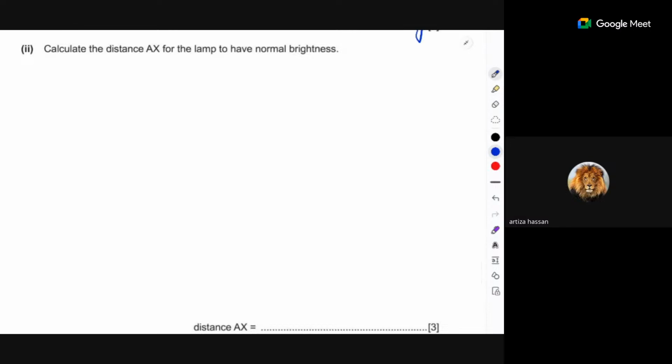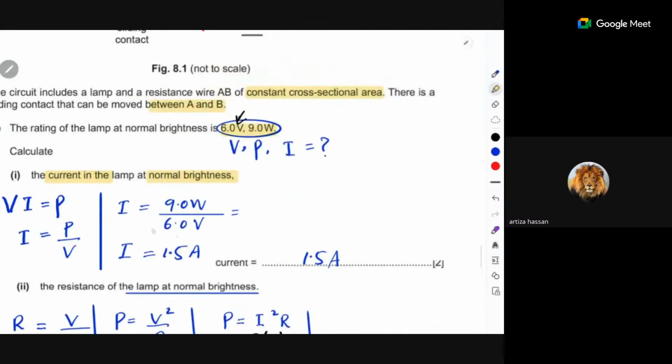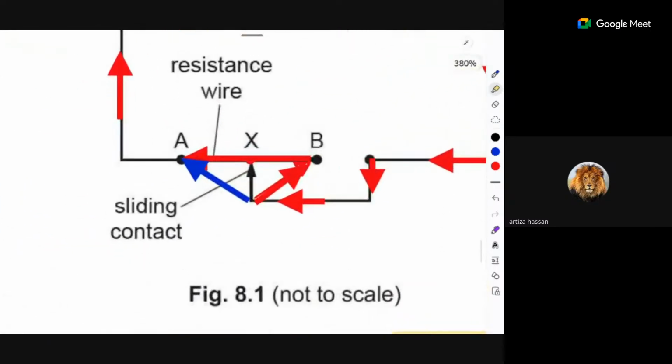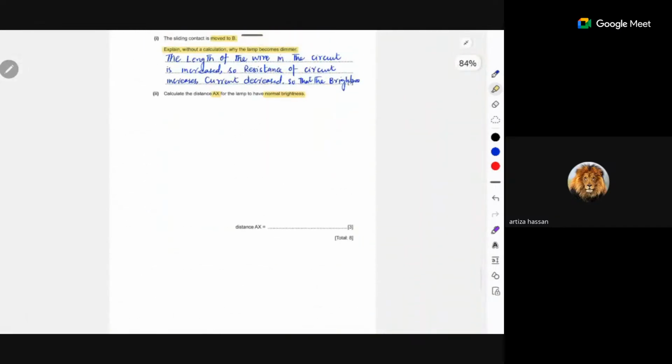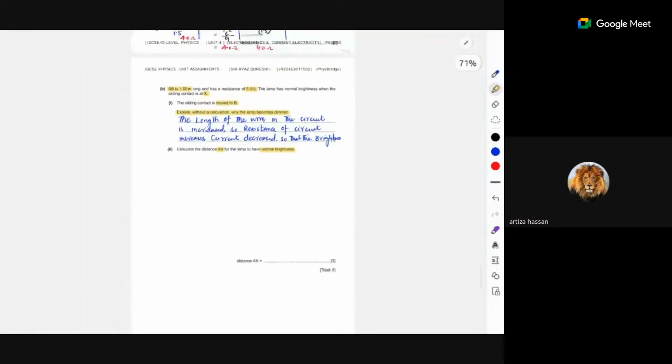Okay, now the question is to calculate the distance AX for the lamp to have the normal brightness. Calculate the distance AX, this distance from A to X, to have the normal brightness. Now I will draw the circuit diagram here because there is space available.